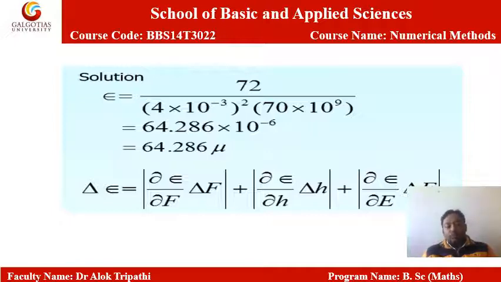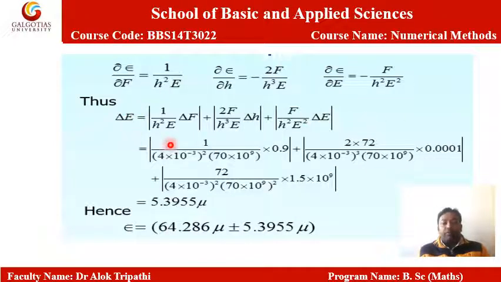Since epsilon is a function of three variables F, h and E, first we shall partially differentiate epsilon with respect to these three variables, and this quantity will be multiplied by the respective errors in these variables.